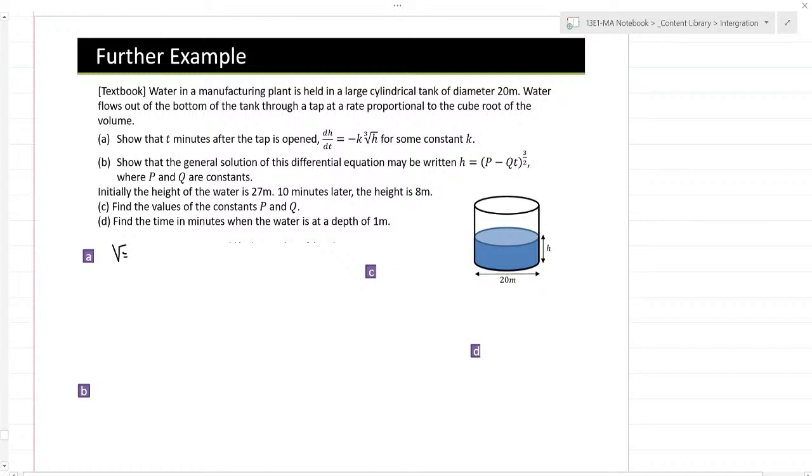So 10 squared is 100 pi h. Everybody all right with that? So V is equal to pi r squared times h, which is pi times 10 squared times h. So my volume here is equal to 100 pi h. That's our first stage.